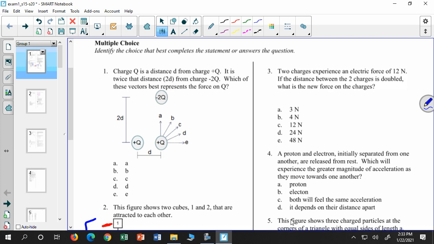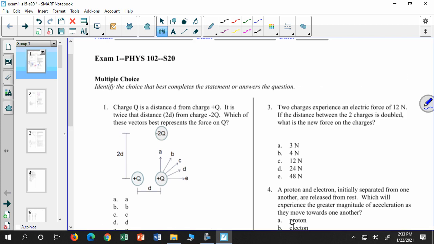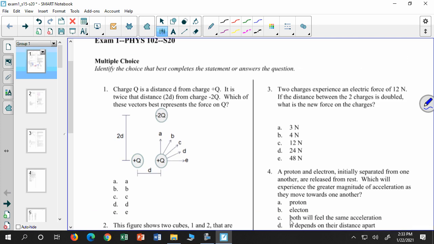Let's try this one. Number 1. So spring 20 still. Charge Q is a distance D from charge plus Q, and twice that from the charge minus 2Q. Which of these vectors best represents the force on Q?